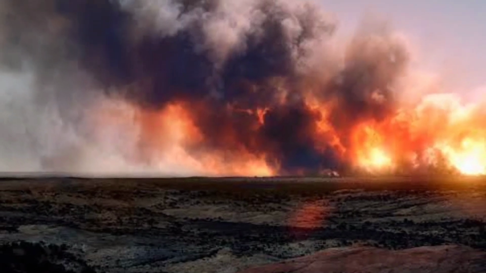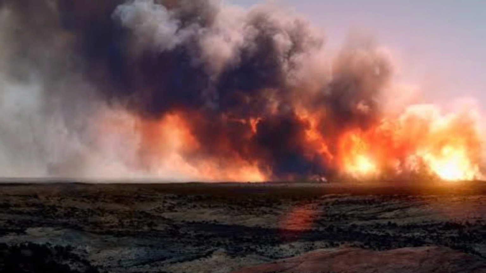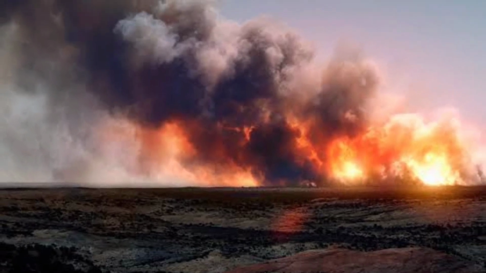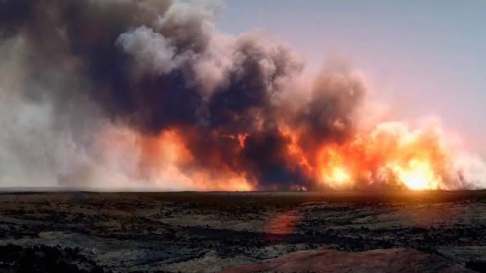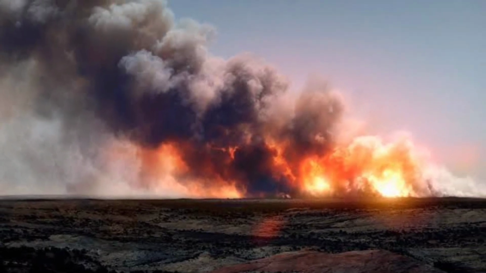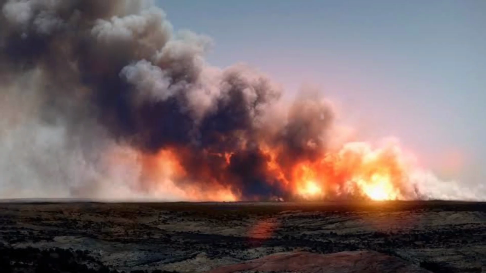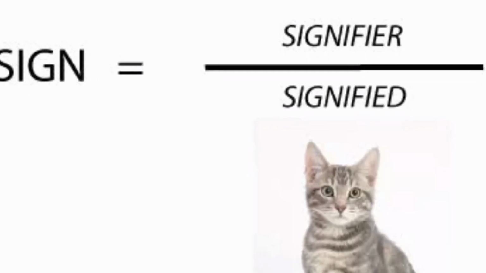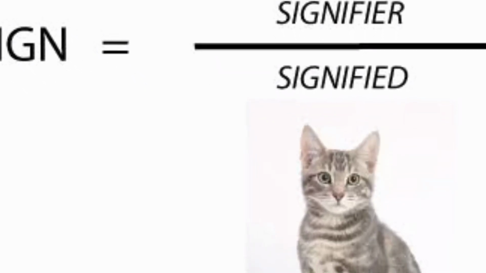Second, indexes, in which the signifier is a reliable indicator of the presence of the signified, like fire and smoke. Third, true symbols, in which the signifier's relation to the thing signified is random and conventional, just as the sound cat and the written word cat are conventional signs for a feline.